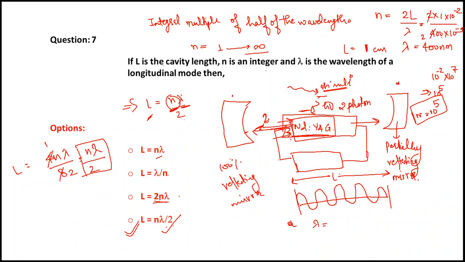Often people may confuse 2n lambda with the right answer, but the right answer is n lambda by 2, that is the integral multiple of half of the wavelength. And n is never equal to 0, its value varies from 1 to infinity.